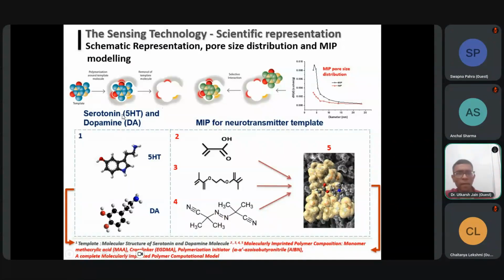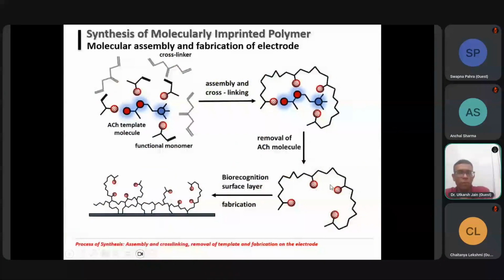And this is another example where we worked on serotonin and dopamine for molecularly imprinted polymer detection. So how does it work once you have developed a sensing platform utilizing the molecularly imprinted polymer? For example, this is the acetylcholine template when we assembled and properly developed it. As you can see, this is the electrode surface, and this is the molecularly imprinted polymer which is developed. It is kind of a biorecognition element.